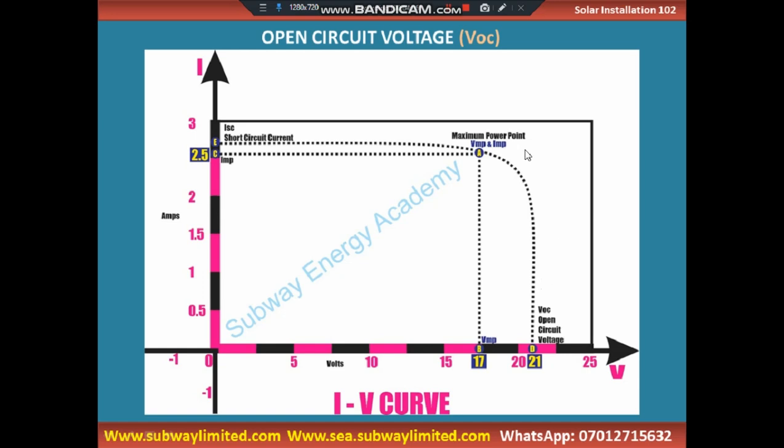The maximum power was when the solar panel was connected to a load. But in this case, the solar panel is not connected to any load.